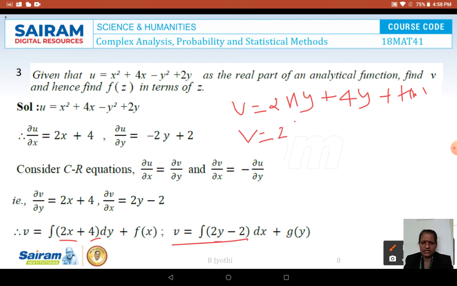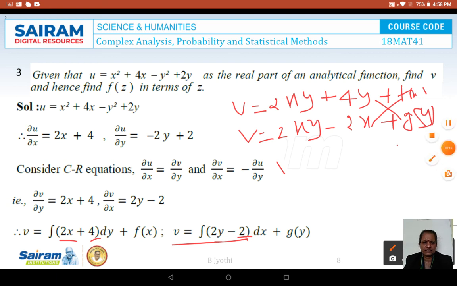So it will be 2xy or 2yx minus, if I integrate, we will be getting minus 2x plus g of y. When I compare this v equation in both of these, g of y is nothing but 4y and f of x is nothing but minus 2x. Let us see in the next slide.